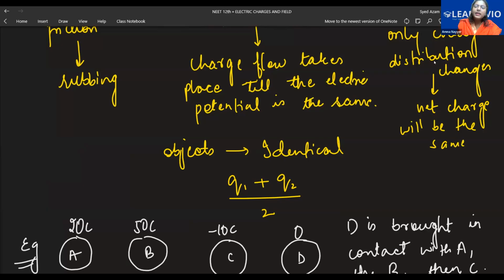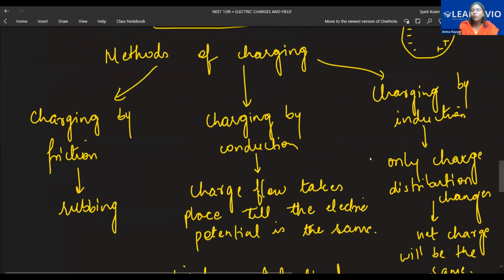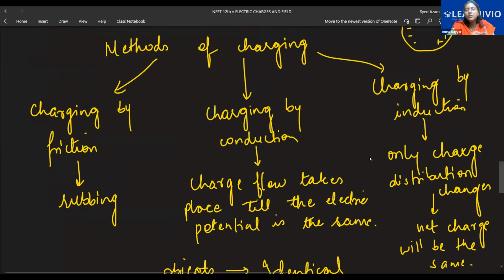Okay, so that completes the electric charges concept. Now we'll start with Coulomb's law. First, tell me, till here, till what we have discussed, the electric charge, the properties of charges and methods of charging, it's clear to both of you? Yes, ma'am. Okay, please write it here, from here.